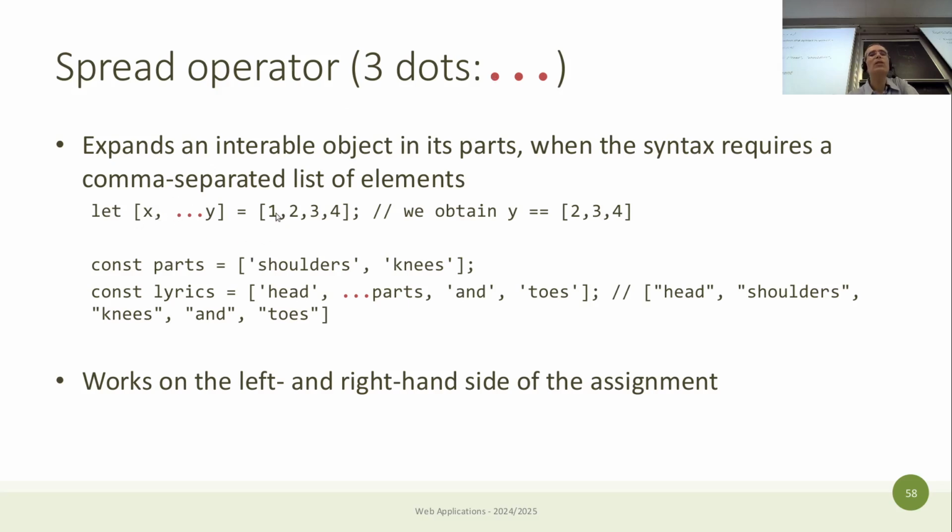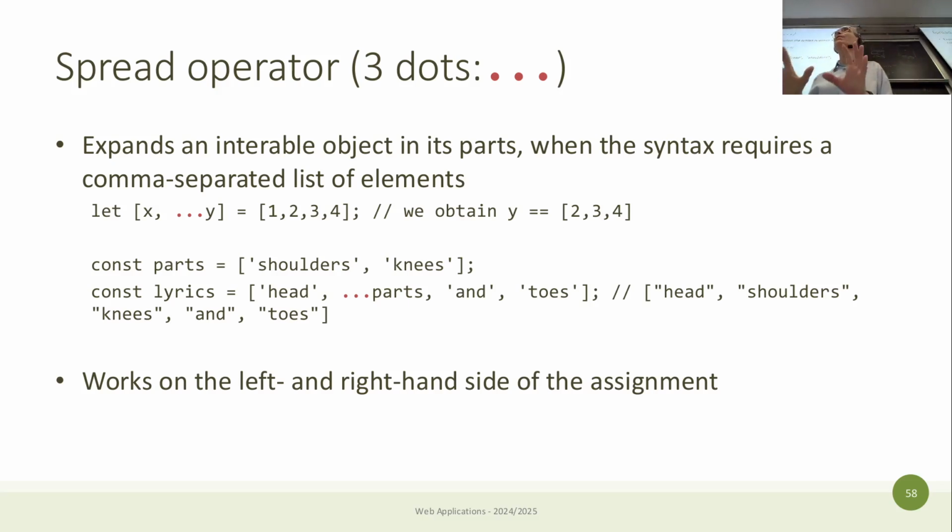What corresponds to the first element is put into the first variable, what corresponds to the second is put into the second, and the rest, if there's a rest, the spread operator, everything which remains is put into the remaining variable, y. So you end up with x equal to 1, and y is still an array only with 2, 3, 4. It's pretty intuitive, I think.